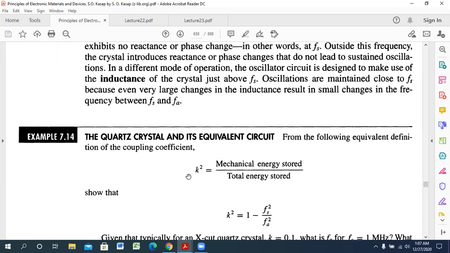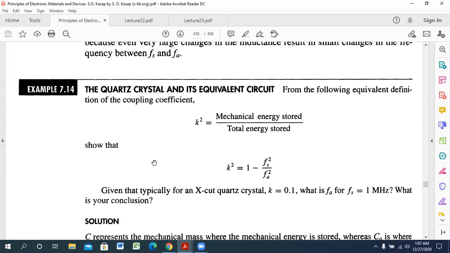Next, example number 7.14 is also very important. There are derivations and mathematical parts. From the electromechanical coupling factor, you know that K square equals the mechanical energy stored divided by the total energy stored.